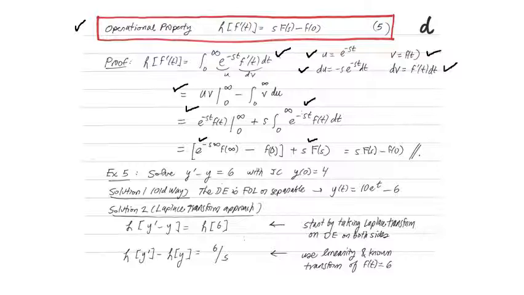That term which you get from the upper limit. From the lower limit, when we plug in t equals 0, we just get that. So we're ending up with s, big F of s minus f of 0, as was claimed up here for the Laplace transform of the derivative.